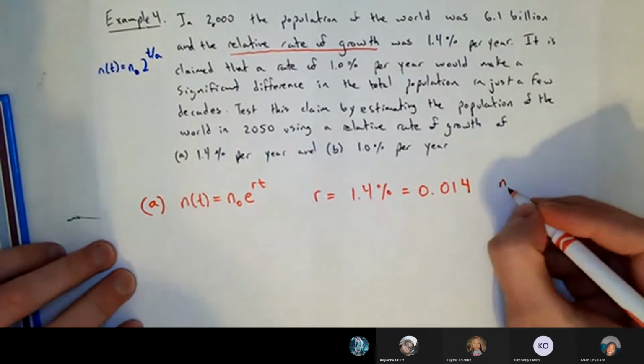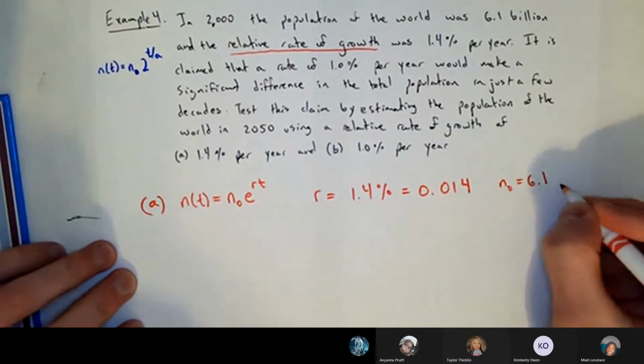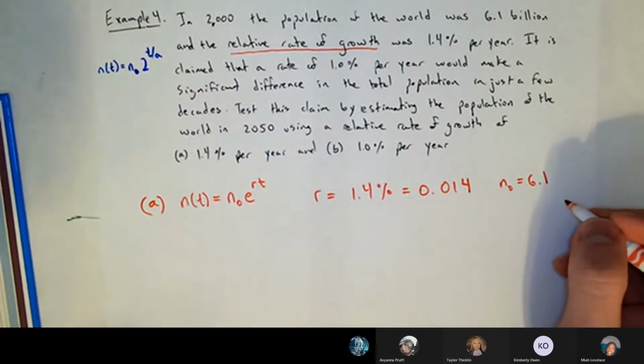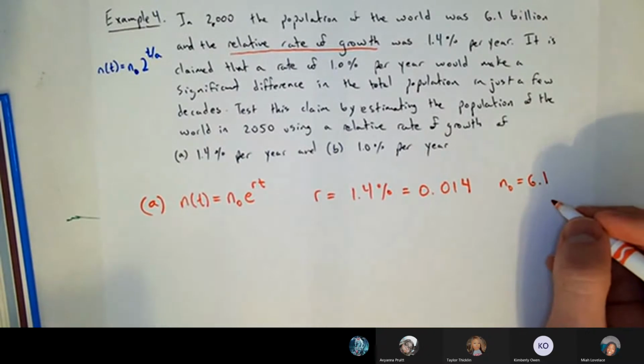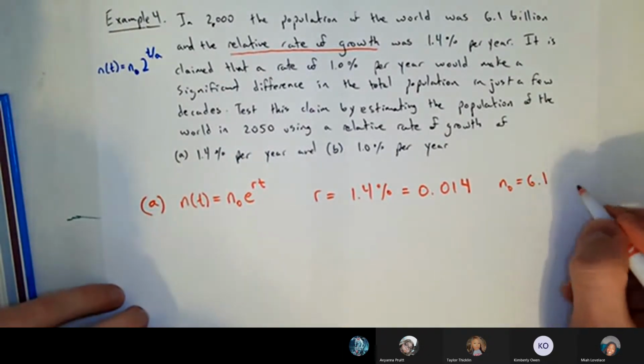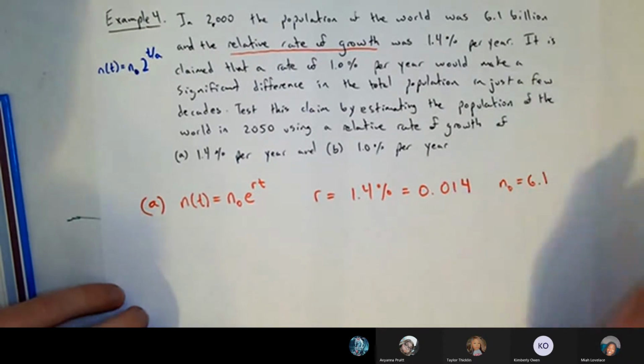And n naught is going to be 6.1 billion, which so at this point I have to decide how I'm going to deal with that billion. I can write it all out. You know, I could say like 6,100,000, you know, write it all out.